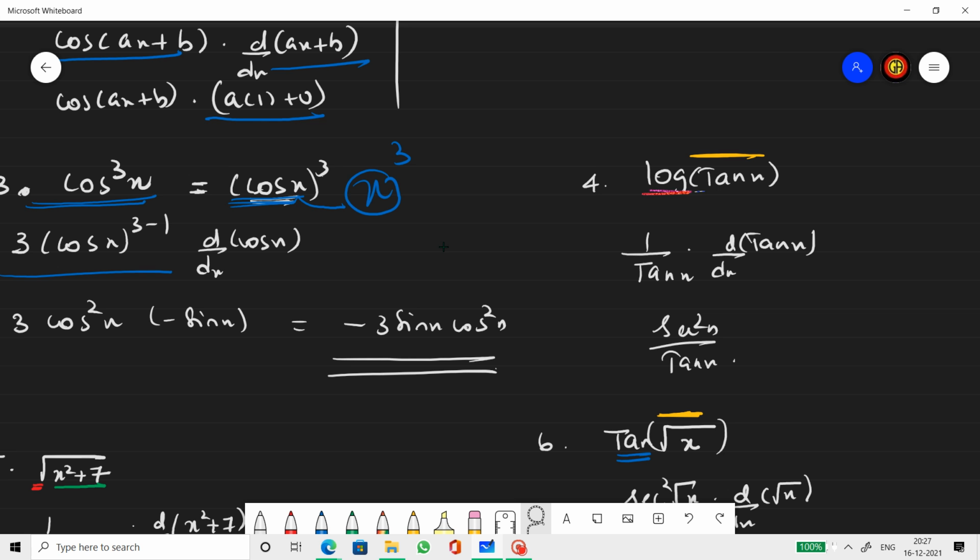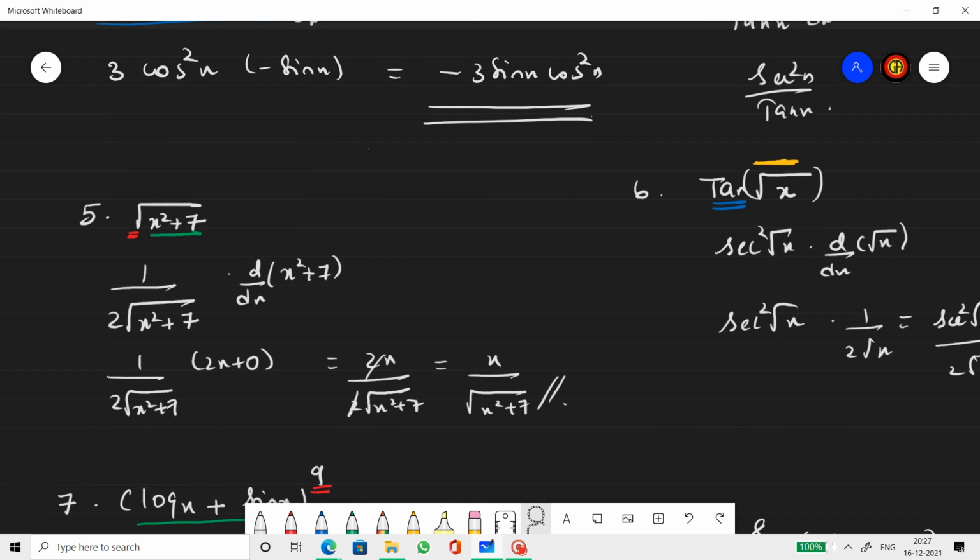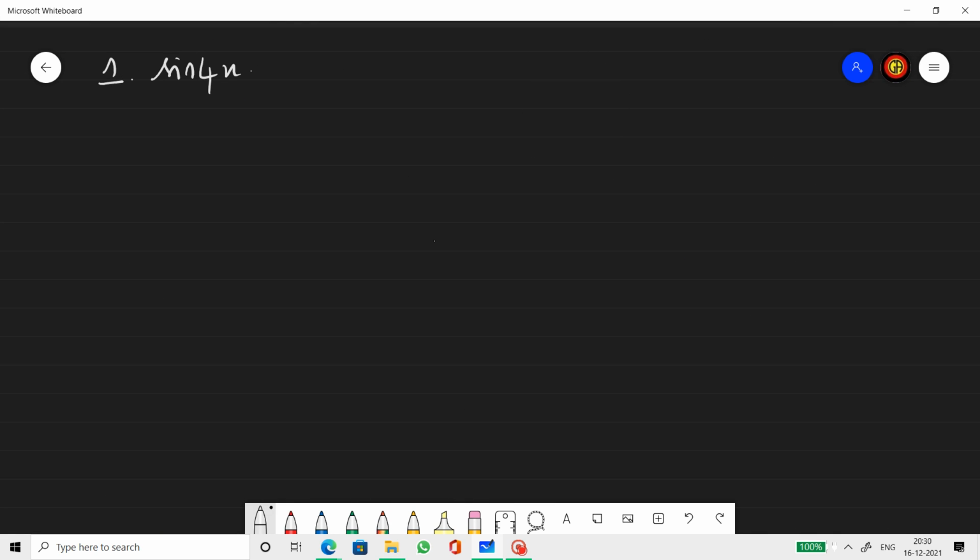So first we have to understand the main function and the secondary function. Then first we differentiate the main function into the differentiation of the secondary function. The first question under chain rule, which I'm going to do in front of you, sine 4x. Here the main function is sine and the subfunction is 4x.